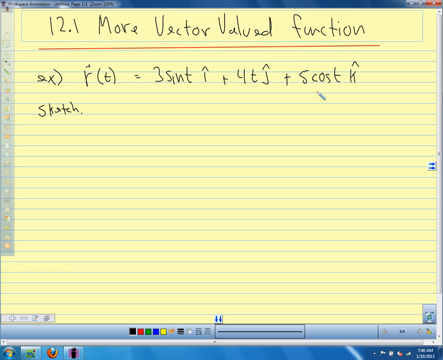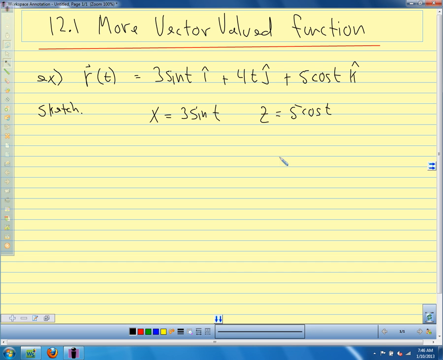X and z. So let's look at the x and z components. We know that x equals 3 sine t and z equals 5 cosine t. Whenever I see a sine t and a cosine t, I always think of Pythagorean identities.